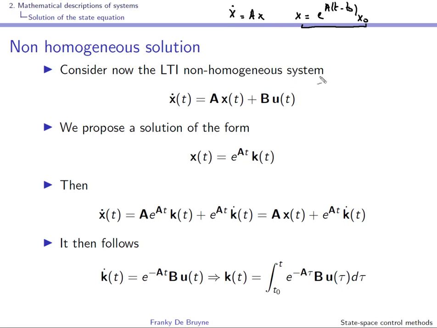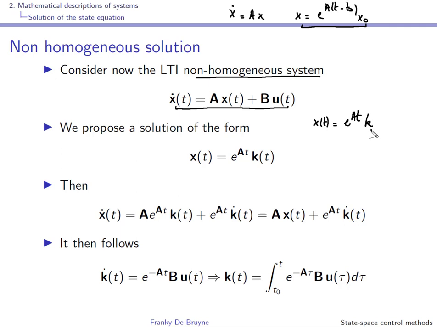Of course, we are interested in the non-homogeneous system. So what we'll do is something that we've seen before in previous courses. We'll use the method of the variation of a constant, right? The solution that we had for the homogeneous system was exponential of At times k, right?